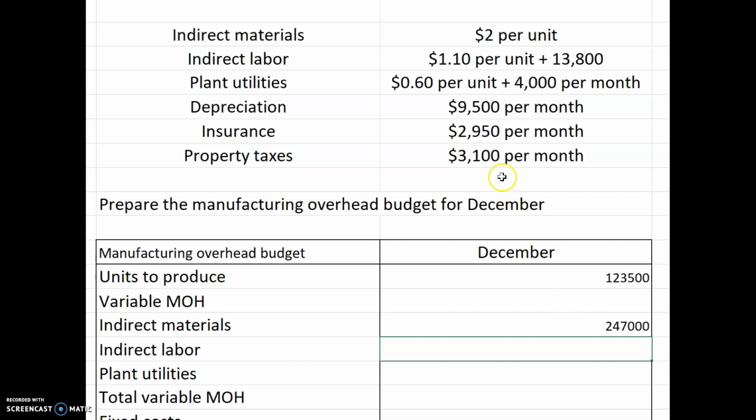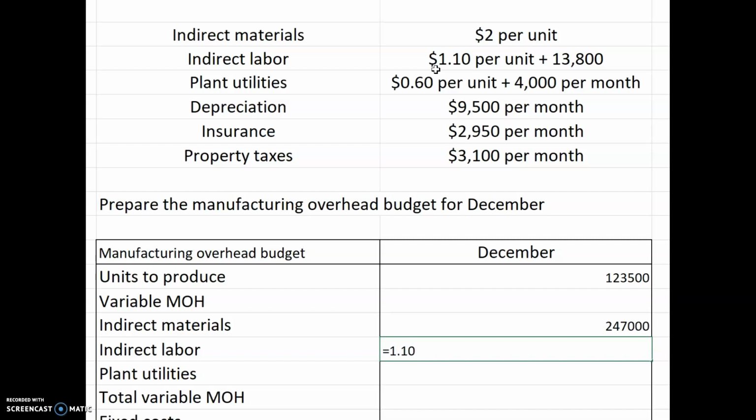Our indirect labor, the variable piece is $1.10, right? And think back to when we were looking at cost behavior, and we talked about different ways to break out the mixed cost between the variable piece and the fixed piece. And we can see now why this is so important. So for indirect labor, it's $1.10 per unit.